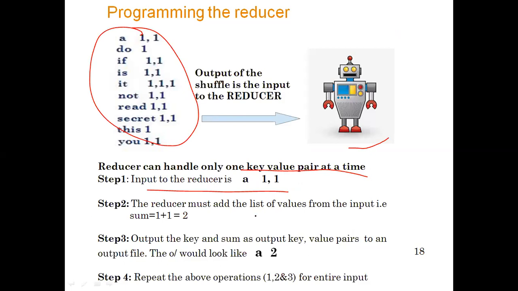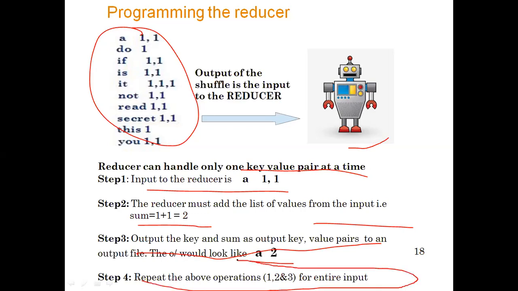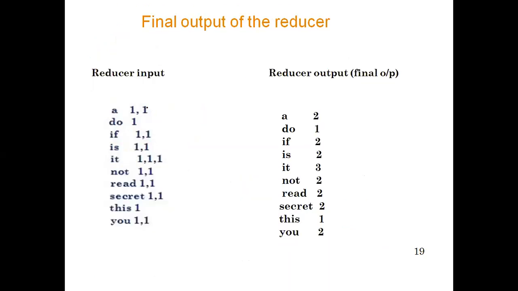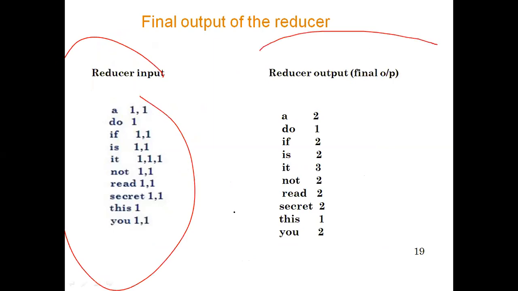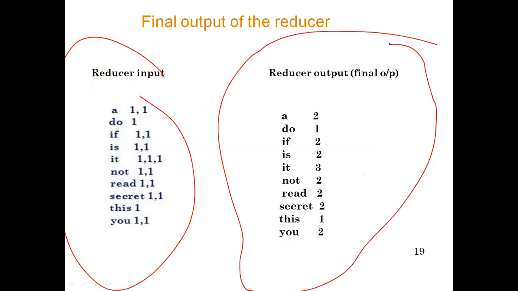Step 2, the reducer must add the list of values from the input, that is sum 1 plus 1, which becomes 2. Step 3, output the key and the sum as the output pair, A 2. After that, repeat the above operations for the entire input. This was the input file to the reducer, and this is the final output by the reducer.